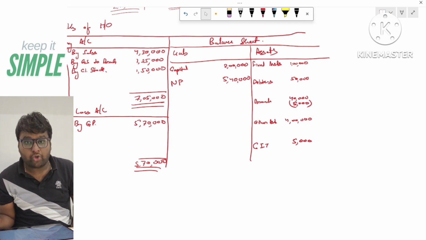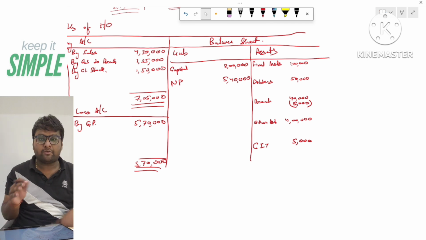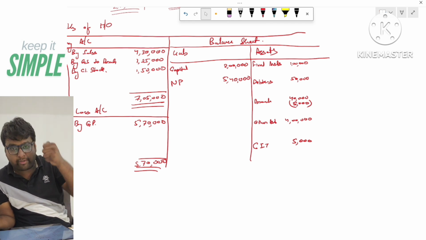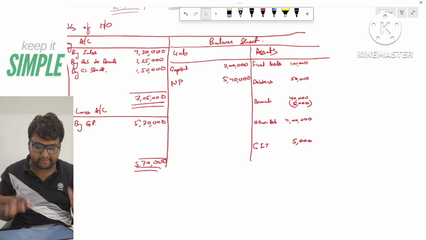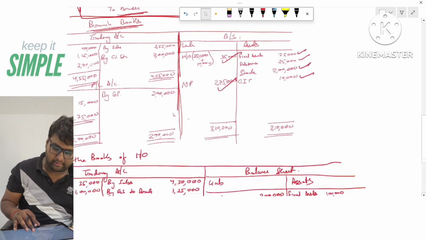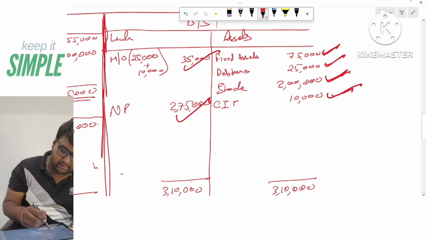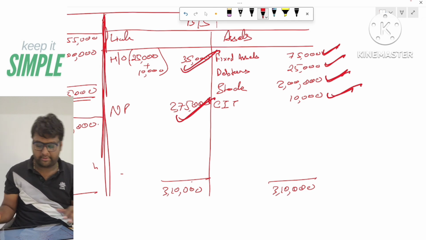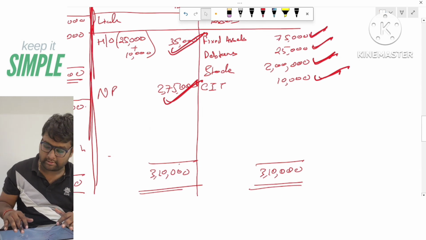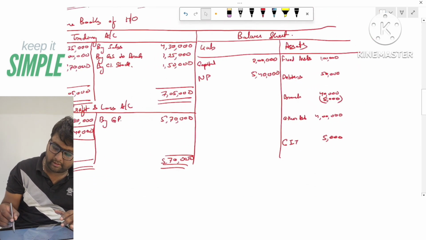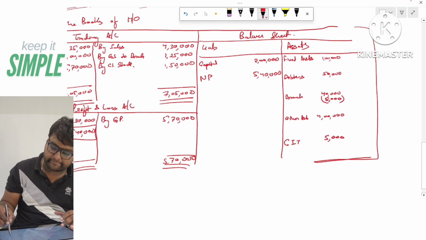But we were preparing consolidated balance sheet, so we don't have to do anything. We just have to bring everything from branch balance sheet and add it here. That's it. So we will bring these fixed assets, debtors, stock, cash in transit, and net profit and head office. How will we bring it here?